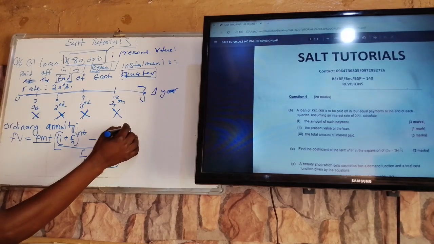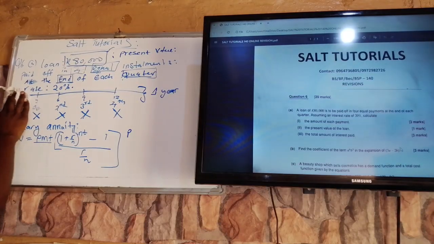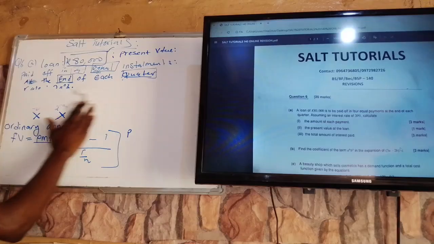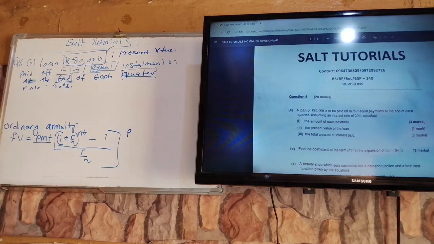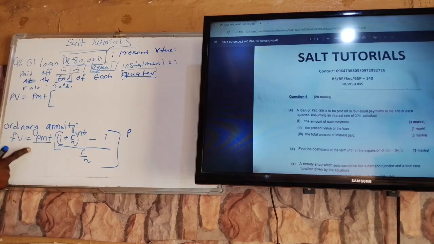The present value formula, let me just delete this part. So the present value formula becomes PV equals PMT multiplied by, so what's the difference?